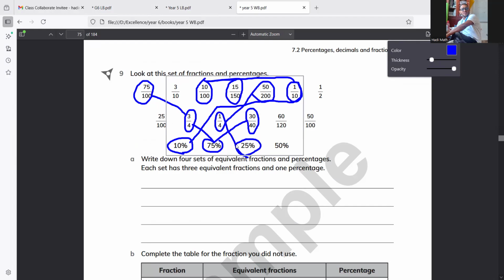This one is 25 over 100. Those go together. Then you have the 1 over 2 goes with the 50 over 100, goes with this one, goes with 50%.